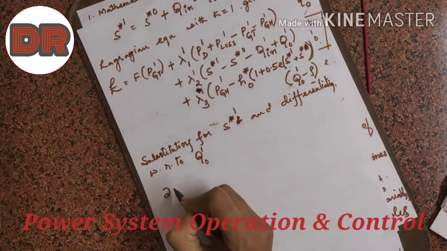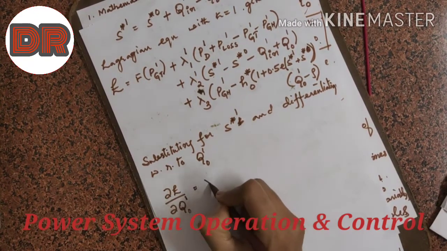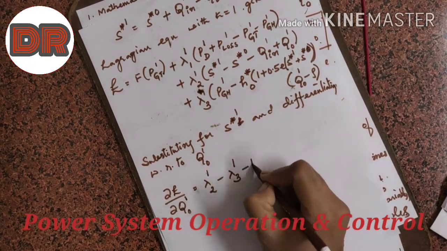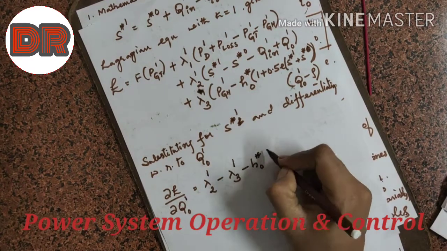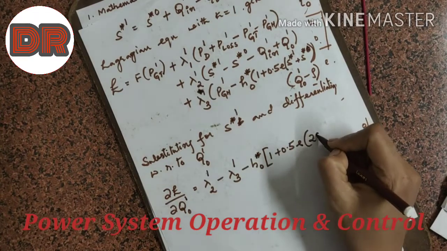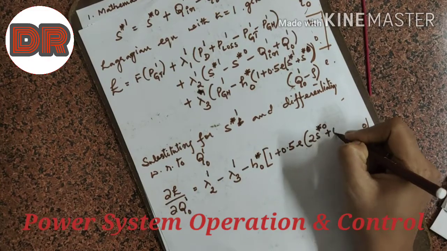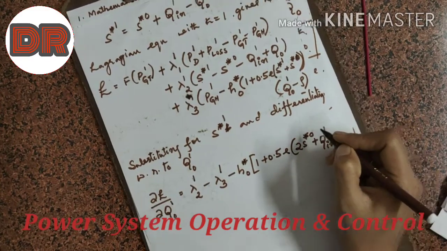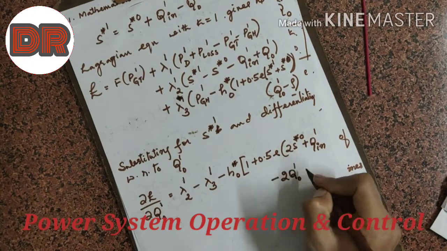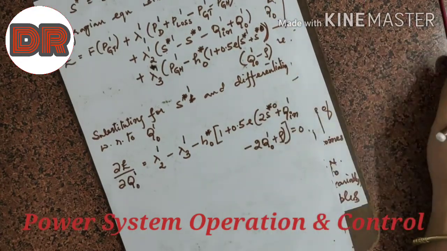You will get the partial derivative of this with respect to Q naught 1 is equal to lambda 2 1 minus lambda 3 1 minus H naught star into 1 plus 0.5 E 2S star 0 plus Q in 1 minus 2 Q naught 1 plus rho is equal to 0. So this is what we are getting.